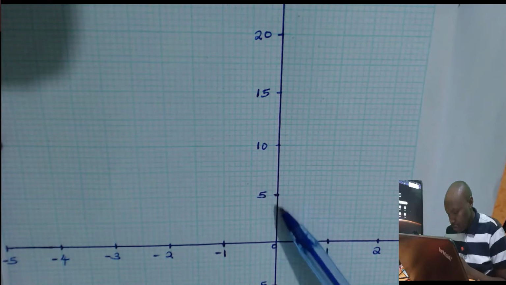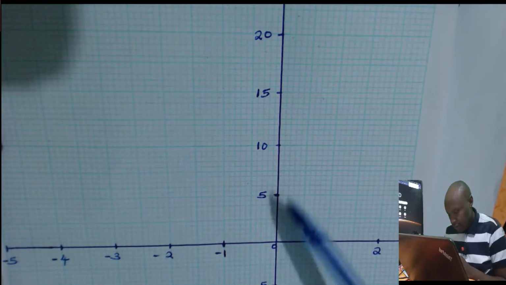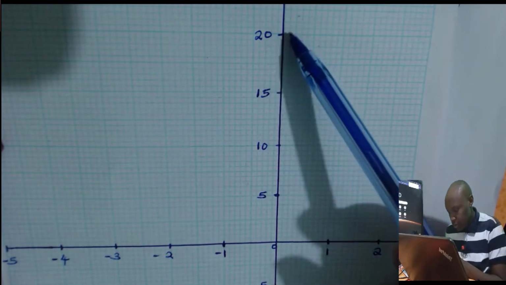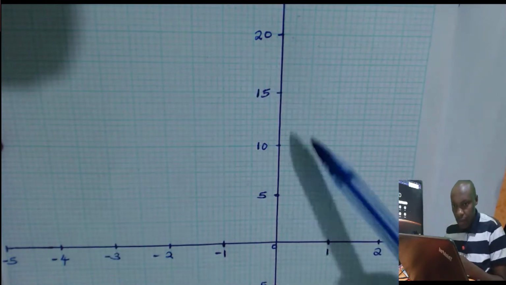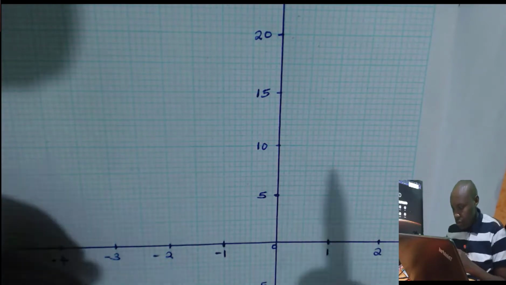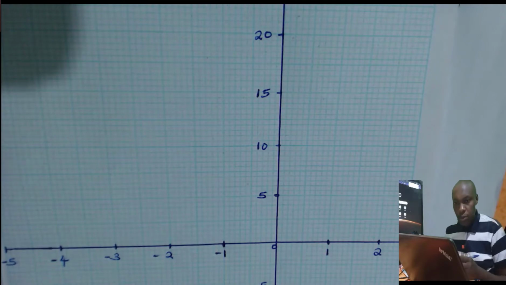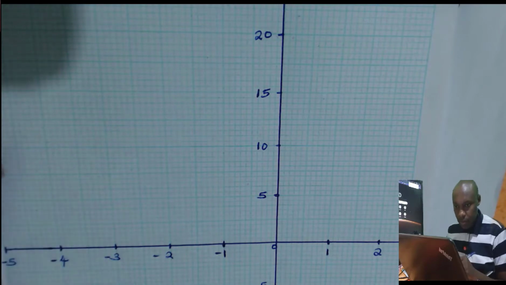So after every 2 squares, which is 2 centimeters, 5, so that I can also ensure that the graph isn't very small. A good graph is supposed to occupy at least 3/4 of your graph paper. It should not be too small, again it should not be too large.